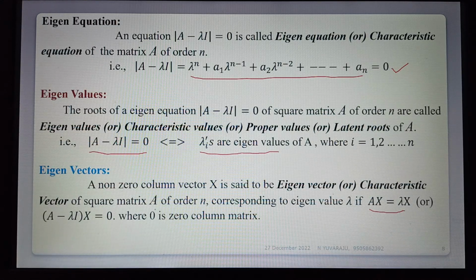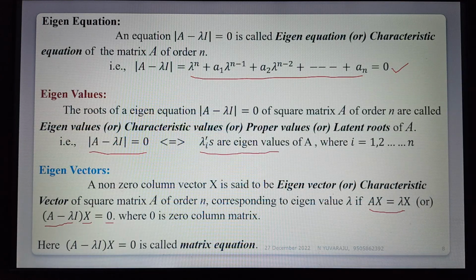A minus lambda I into x equal to 0 is called the matrix equation, and using it we find the eigenvector for the eigenvalue lambda. These are the definitions: eigen equation, eigenvalue, eigenvectors.